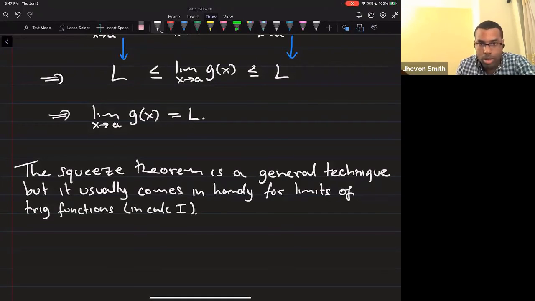In Calc 1, right? So all the things I say, it only applies to Calc 1, it doesn't apply anywhere else. So most of the time, the vast majority of the time, 99.99% of the time, if you're applying squeeze theorem in Calc 1, you're doing it on the limit of trig functions, okay? It's not the only thing that you would do on the limit of trig functions, but it happens to be a very nice thing to do with trig functions.